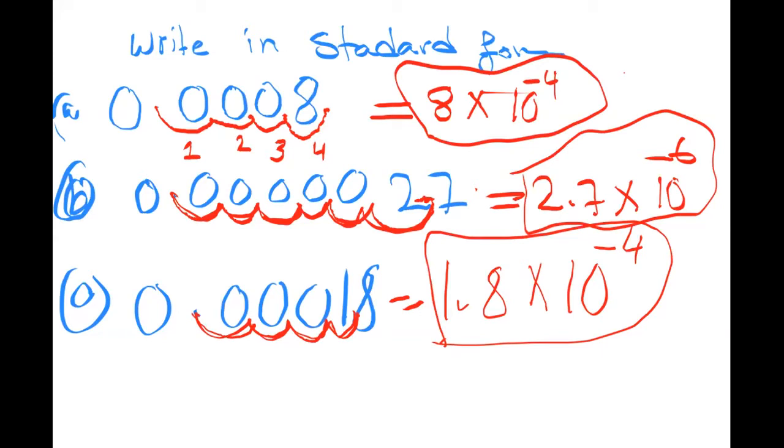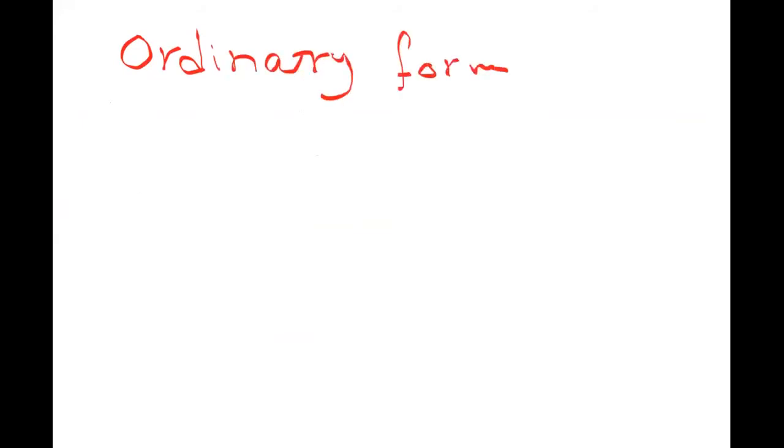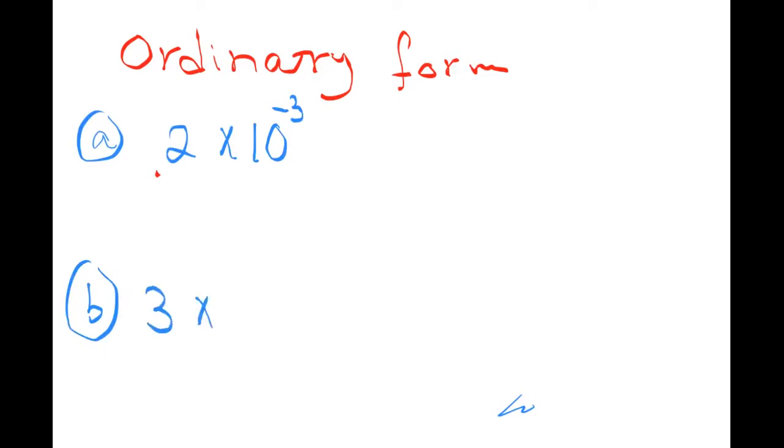So now let's go to the opposite. I want to write my decimal, my number with negative power in ordinary form. So if I have a number like this, it's 2 times 10 power negative 3, or 3 times 10 power negative 5, or 6 times 10 power negative 8.